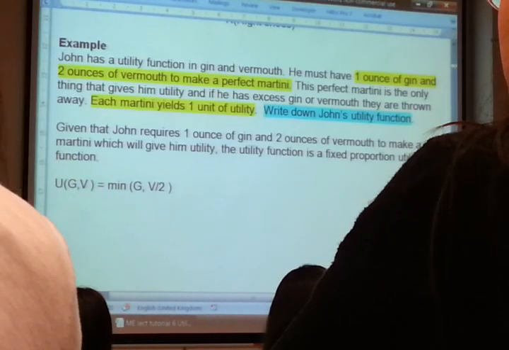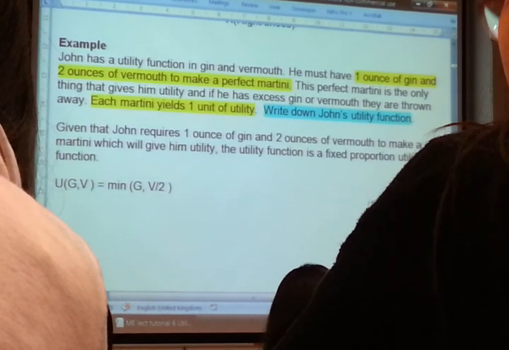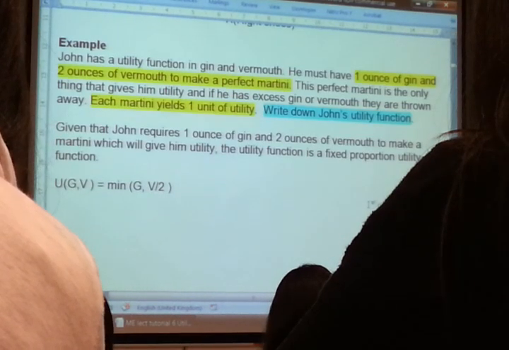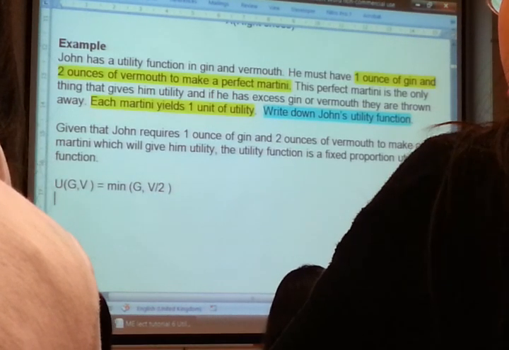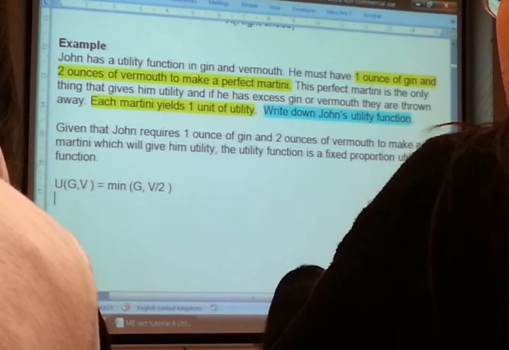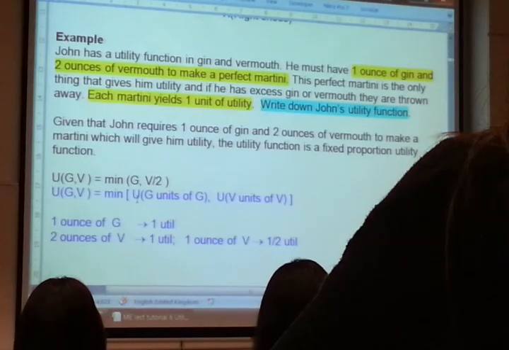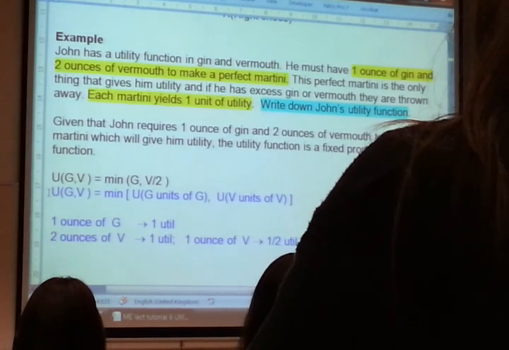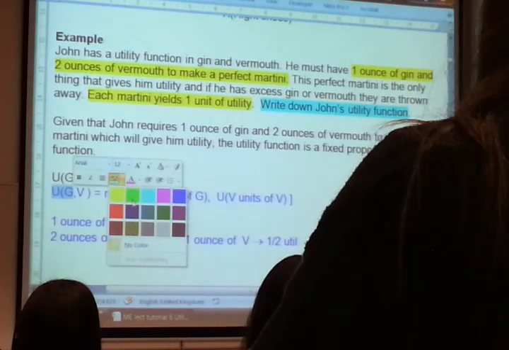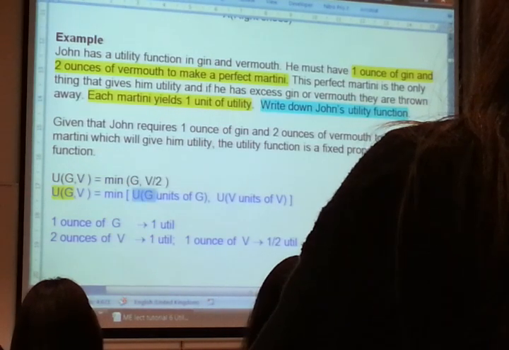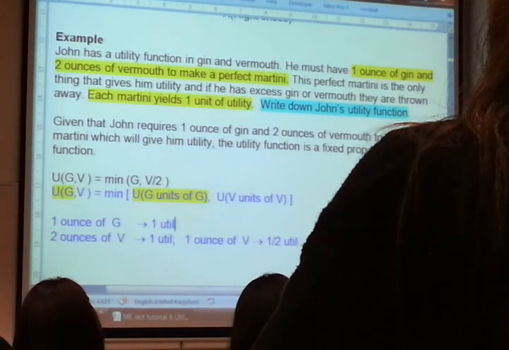U of G is the utility from G units of G. U of V is the utility from V units of V. So the fastest way is to look at the answer. The interpretation is found there.